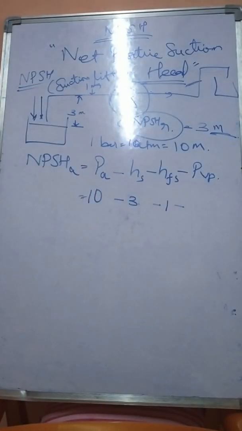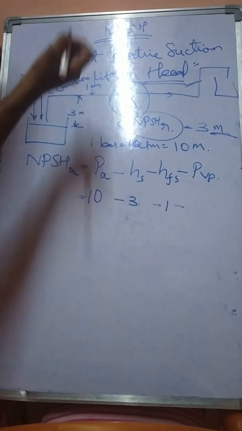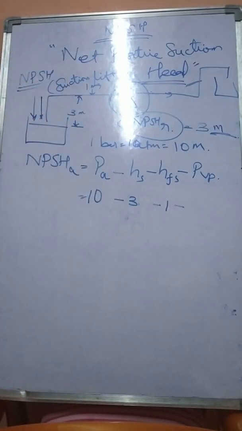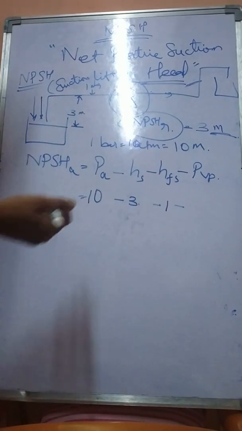Then the vapor pressure. If the water is being pumped at some temperature, it will have more impact. If the temperature is normal, we don't need to worry about the vapor pressure. Here we take the case as normal atmospheric pressure.